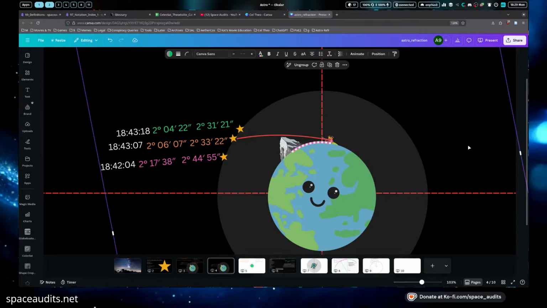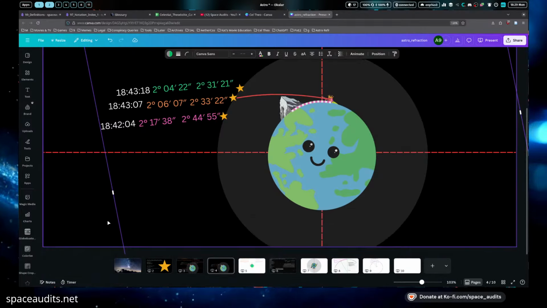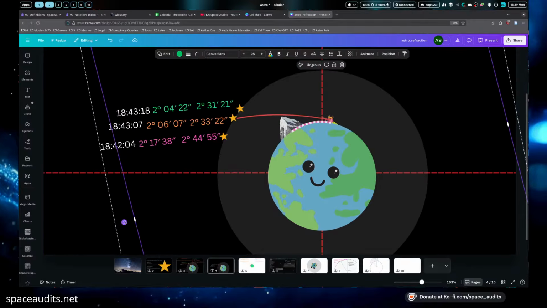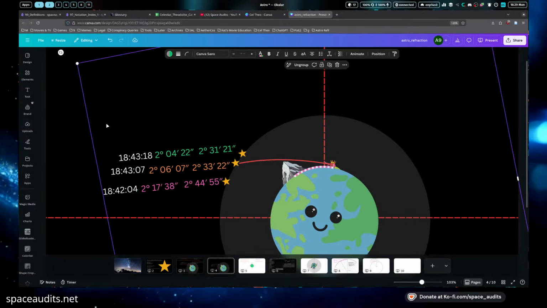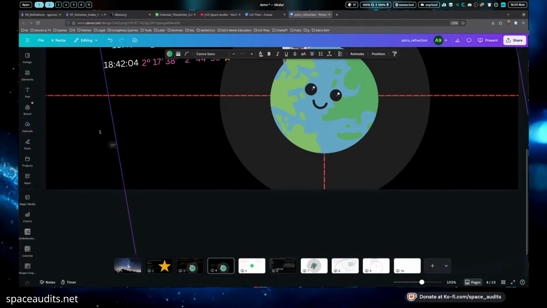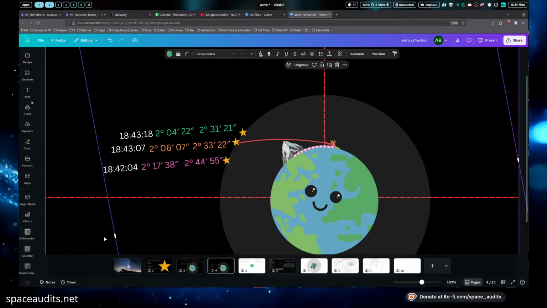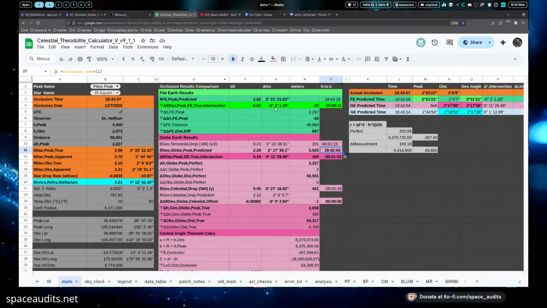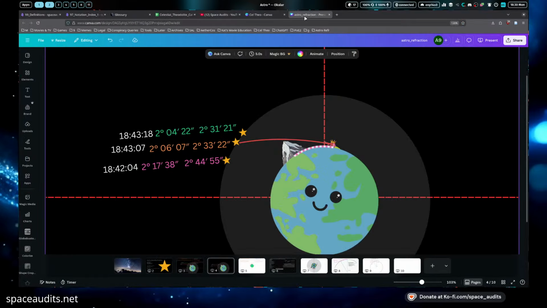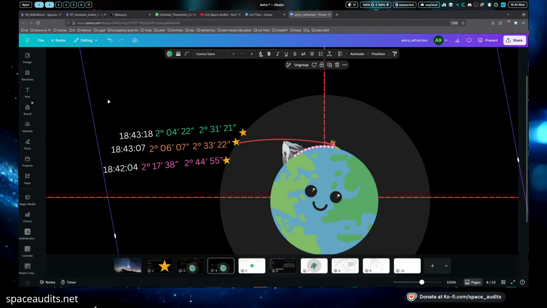And then a little bit past that is our prediction for the idealized intersection there. So we were 2 arc minutes off.